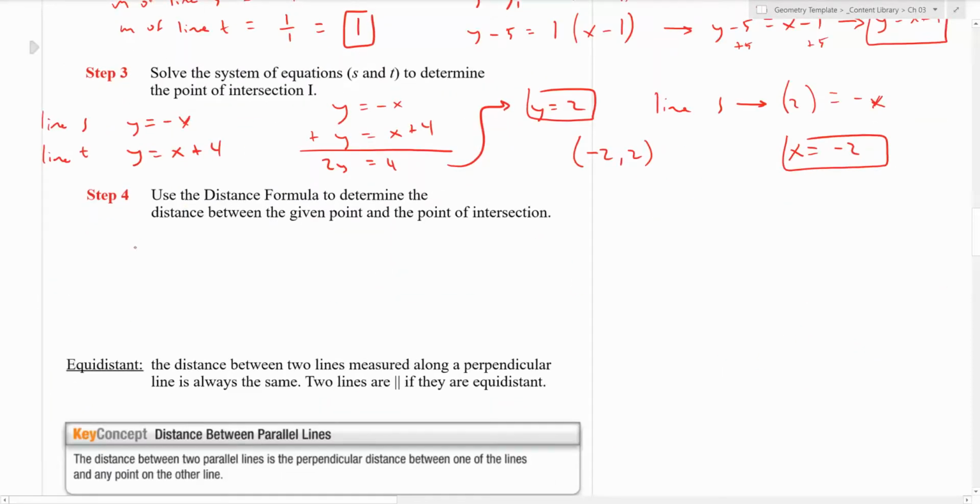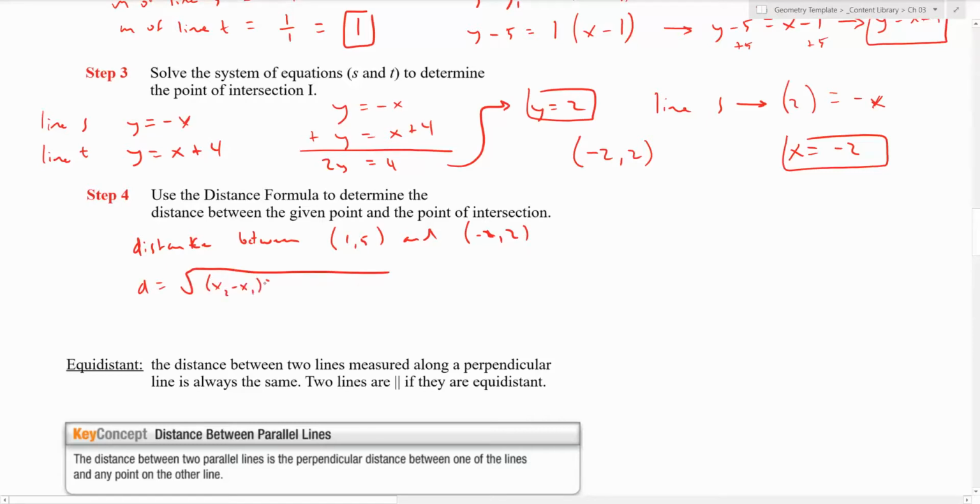So the distance between (1, 5) and (-2, 2). Distance formula, d equals the square root of (x2 minus x1) squared plus (y2 minus y1) squared.